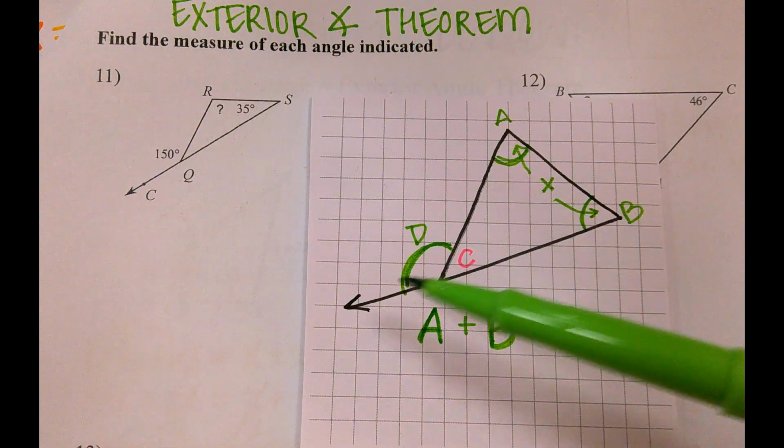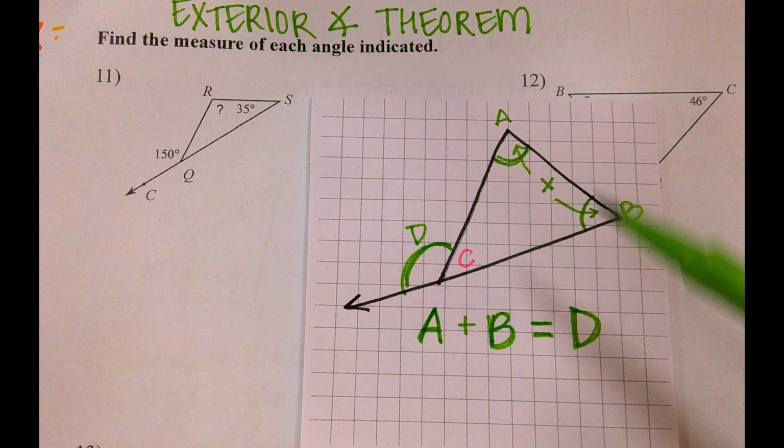C is the one that is touching it. A and B will be further away.